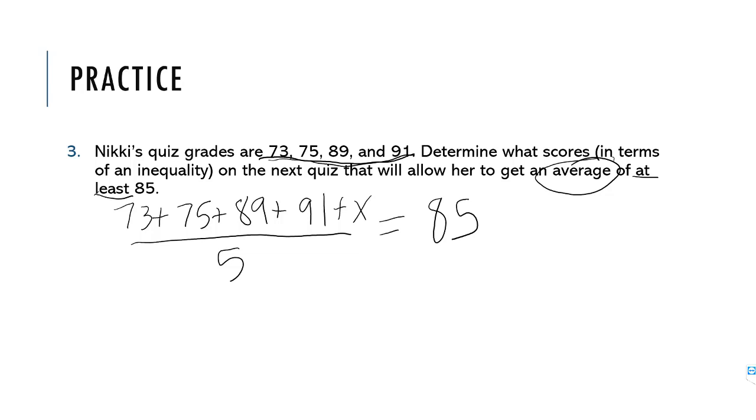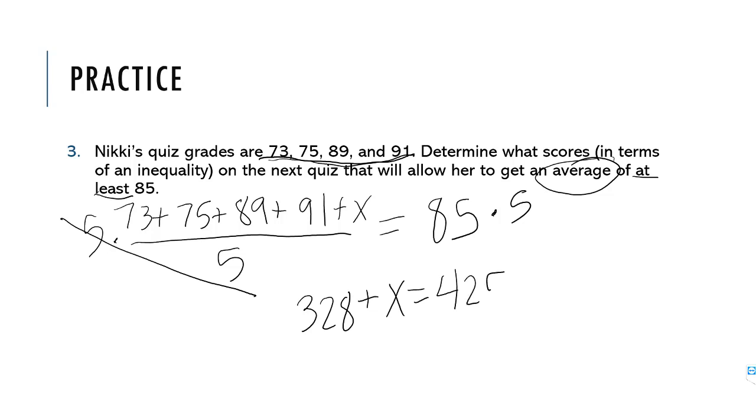To solve, first we're going to multiply by 5 on both sides. This will get rid of that 5 in the denominator. Adding all the numbers on the top, you should get 328 plus x is equal to 85 times 5, which is 425. If you subtract 328, you get x is equal to 97.